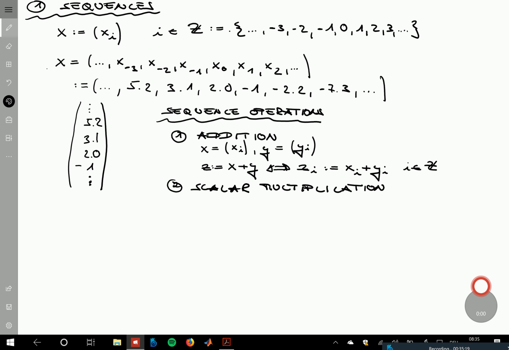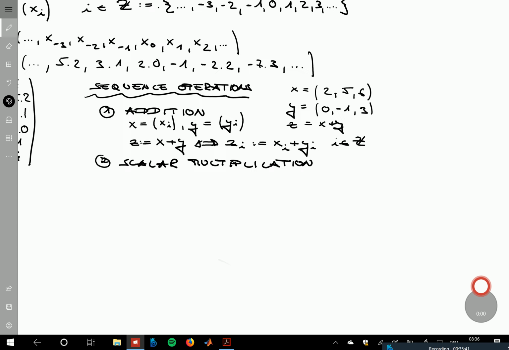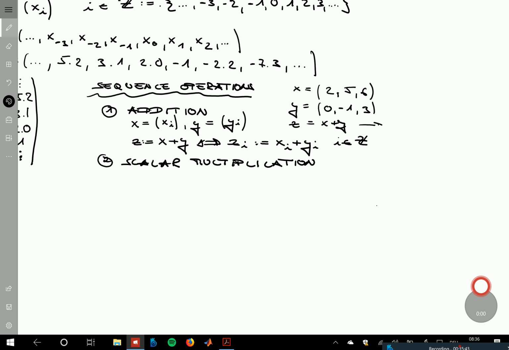So this is fairly simple. If we have two sequences which are in this case finite and have three elements, like this is our X and our Y is 0, -1, 3, then Z, X plus Y, has which elements?